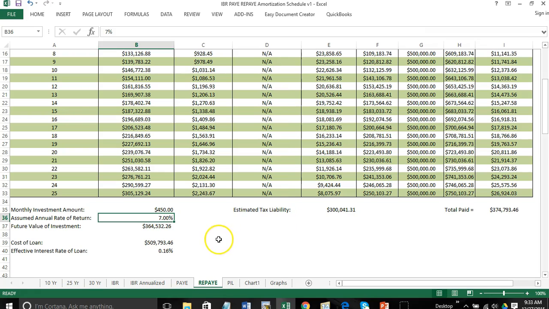So as a result, the total cost of this loan is about $510,000. That's the combination of what you paid on an annual basis, totaling $375,000, plus what you invested, in this example $450 per month over 25 years. So an effective interest rate of about 16 basis points, or 0.2%.